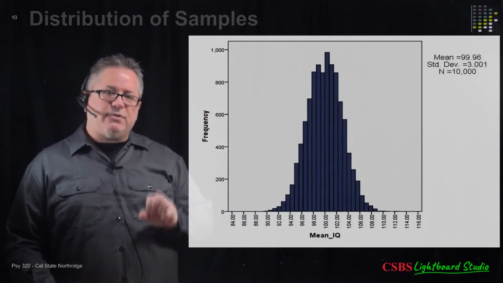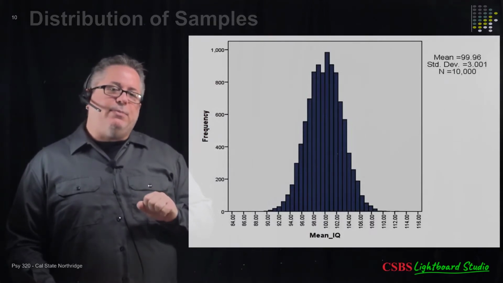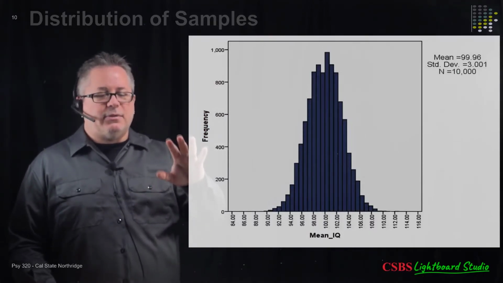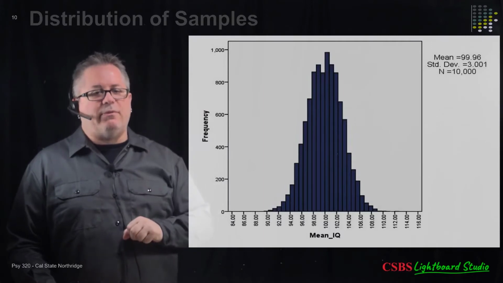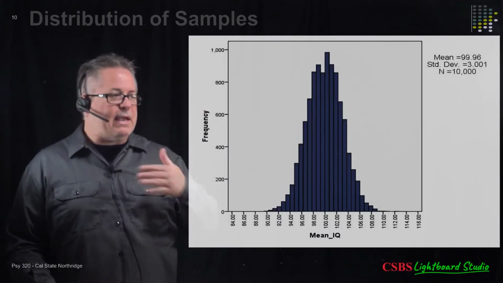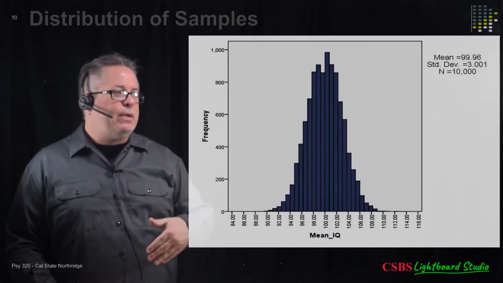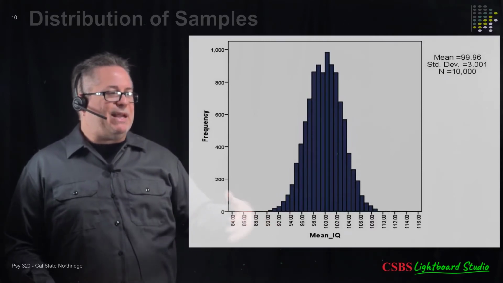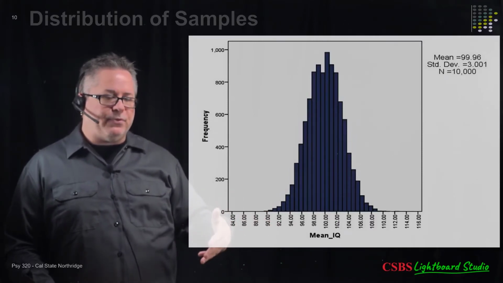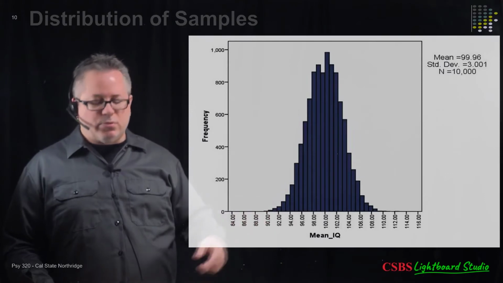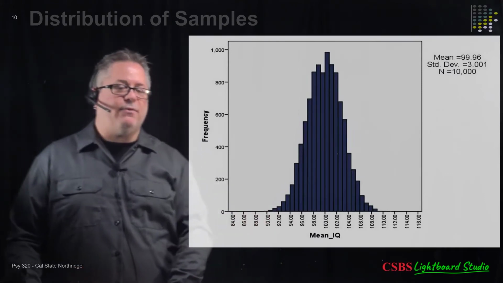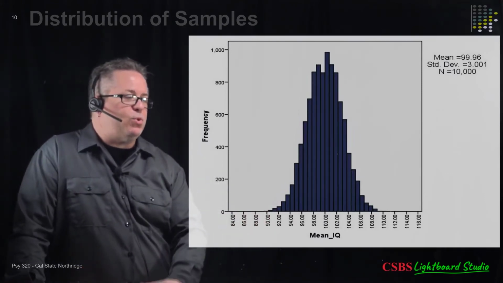So I took 25 people out, computed the mean, put them back, got another random sample of 25, put them back, and did that 10,000 times. And this generated a sampling distribution of the mean. So every individual value here is a mean of 25 scores.